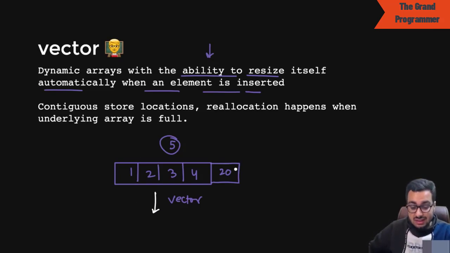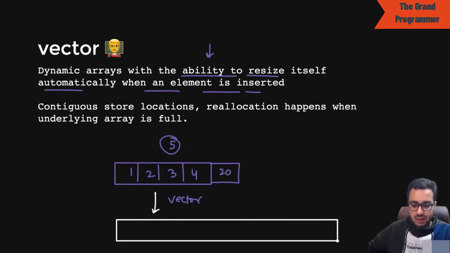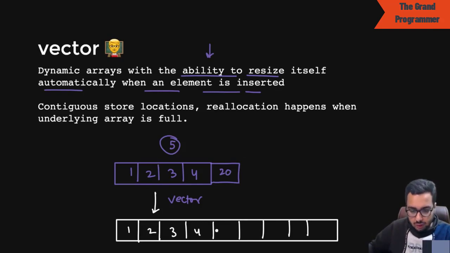Okay, so if the original size is 5, it is going to create a new array, and this array is allocated dynamically at runtime. Okay, and it is going to copy all the elements of the previous array. So it is going to copy 1, 2, 3, 4, 20, and now you can see this had a capacity of 5, and this vector has a capacity of 10.